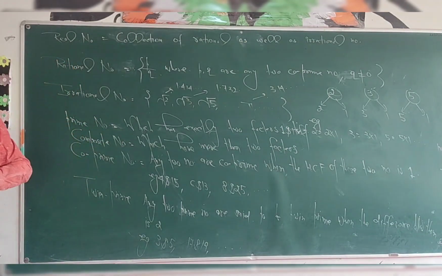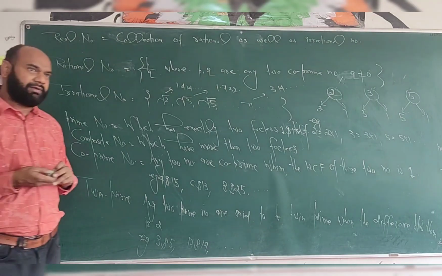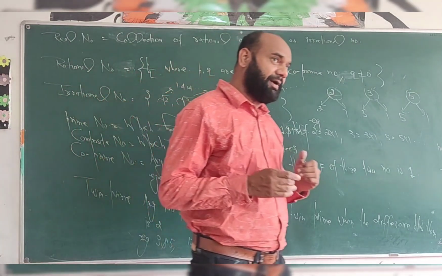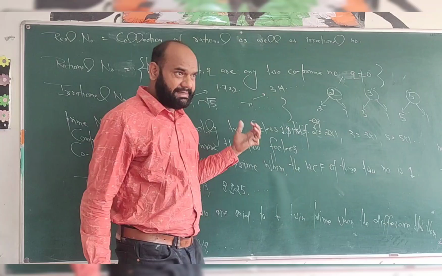Prime numbers are those numbers which have exactly two factors, 1 and itself.